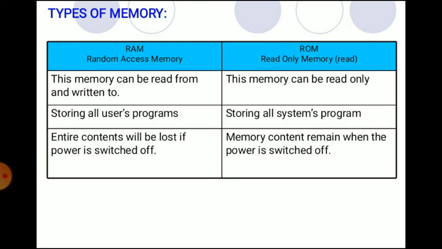There is a need to provide a battery backup in order to prevent loss of any data when power is removed from the system. And the ROM is designed for the PLC operating system so that the information stored in memory can only be read. The difference between RAM and ROM is given in this slide.